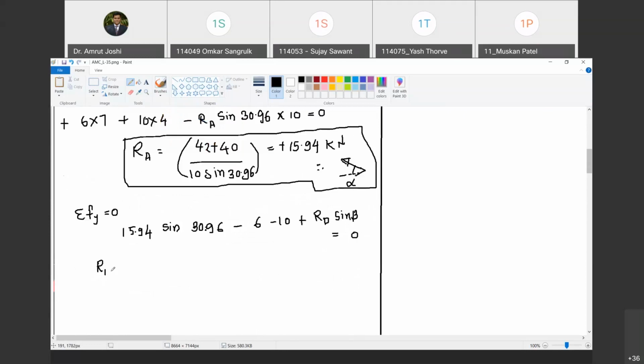So therefore I get RD sine beta is equal to, tell me, how much is that? So it will be 10 plus 6 minus 15.94 into sine 30.96. So solve it and tell me the value. What is RD sine beta? 7.8. RD sine beta is 7.8.